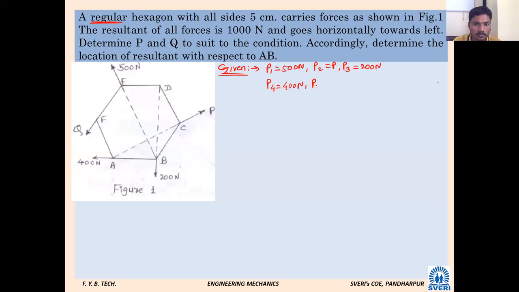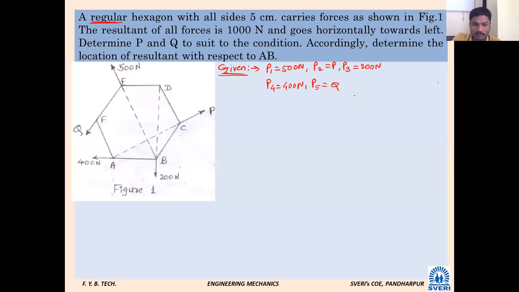And P5 as Q. Two forces are unknown that we are supposed to calculate. That's all we want to calculate. Very simple, don't worry. So P1 force is known, P2 we are going to call P, which is unknown, P3, P4, and P5 is Q force.